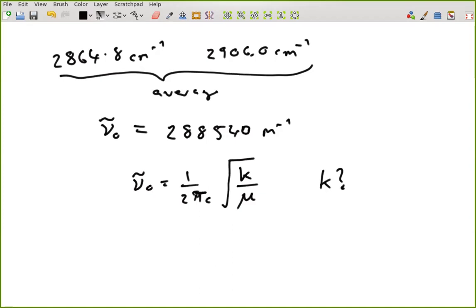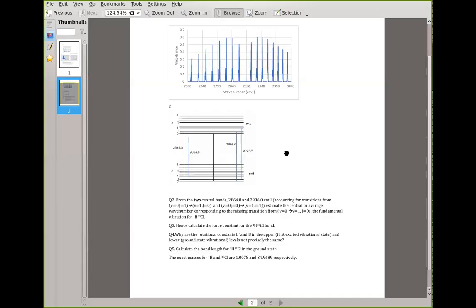Right, the final part of that question, well, here's an interesting one before the final. Maybe I can throw this in your court. Why are the rotational constants in the upper and the lower levels not precisely the same?